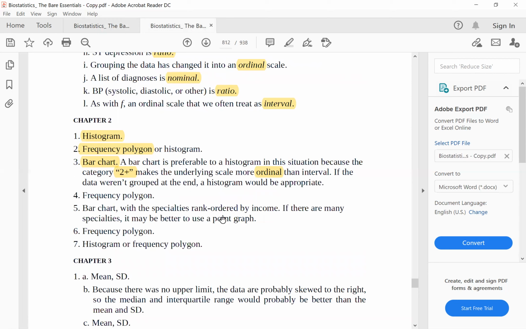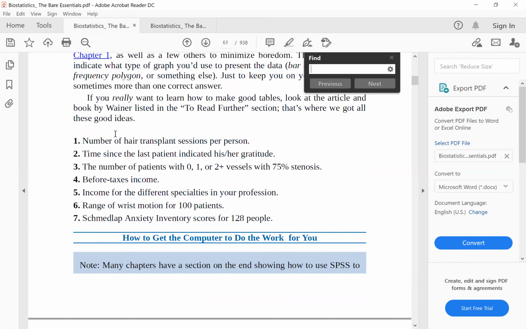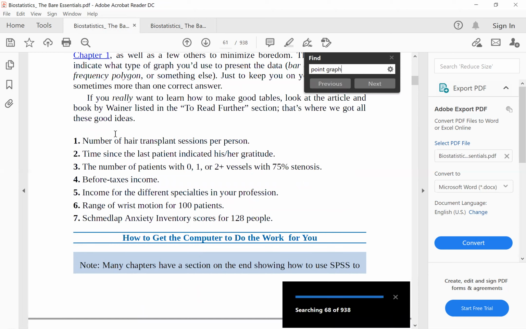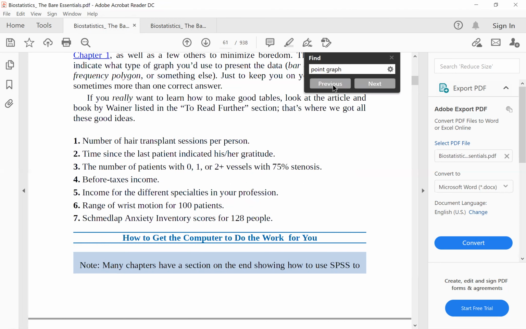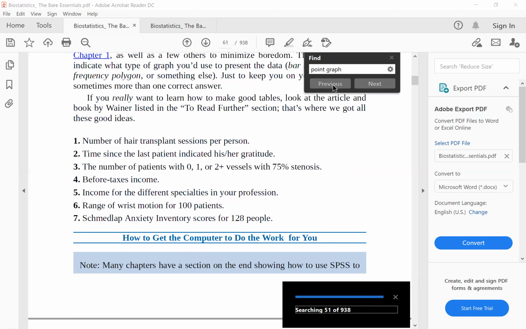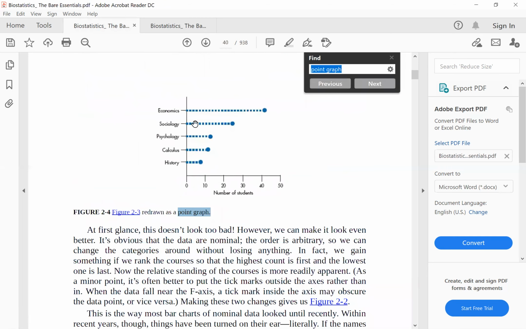And you saw the point graph earlier. So this is a point graph.